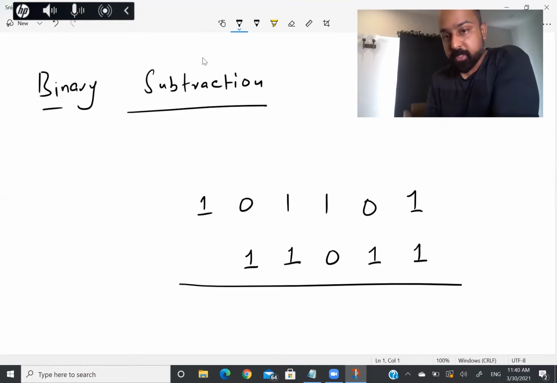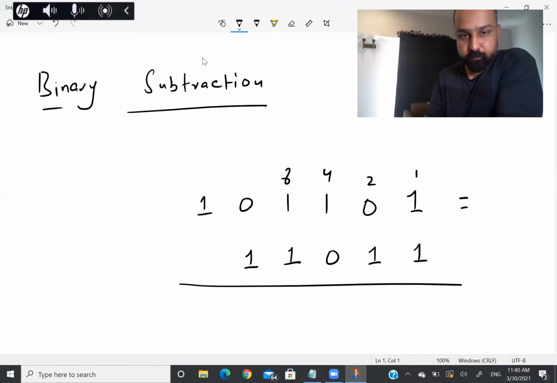So first, if we convert these numbers into decimals, this will be like 32 plus 8, 40, 44, 45. This will be 45, and this will be 24, 26, 27.